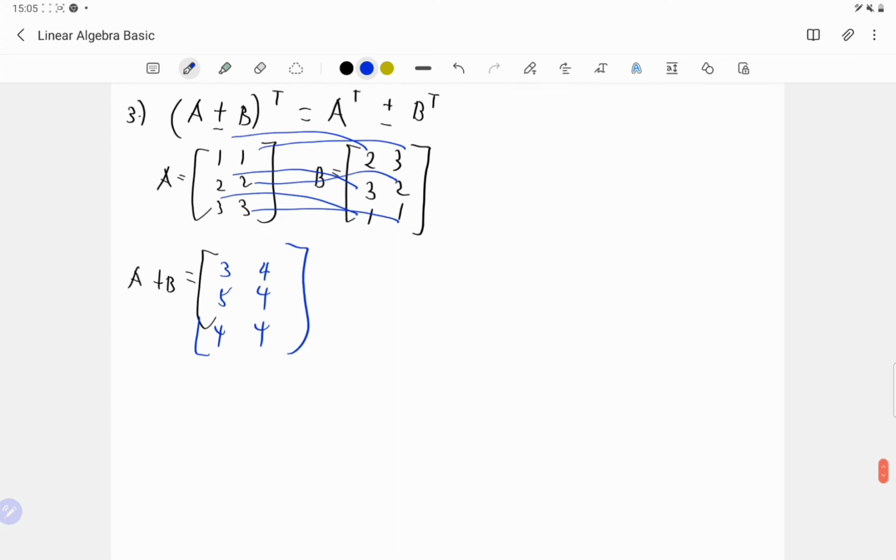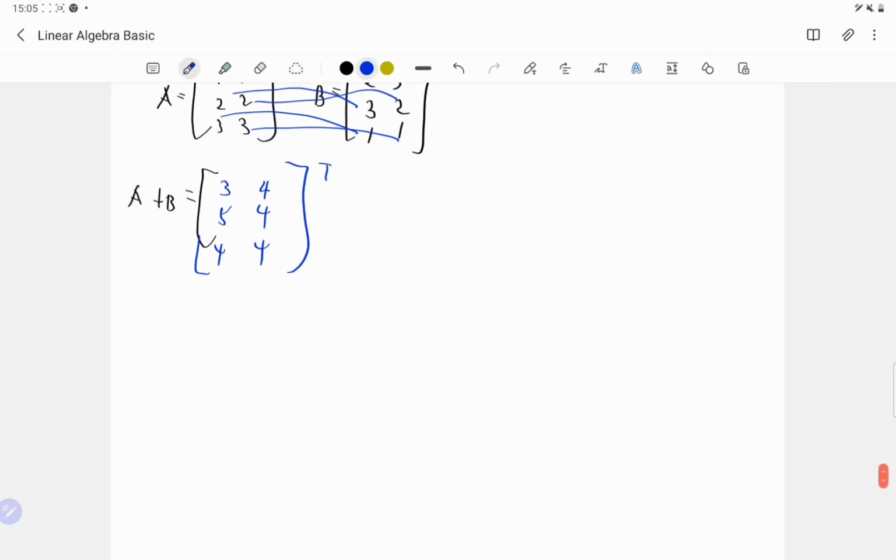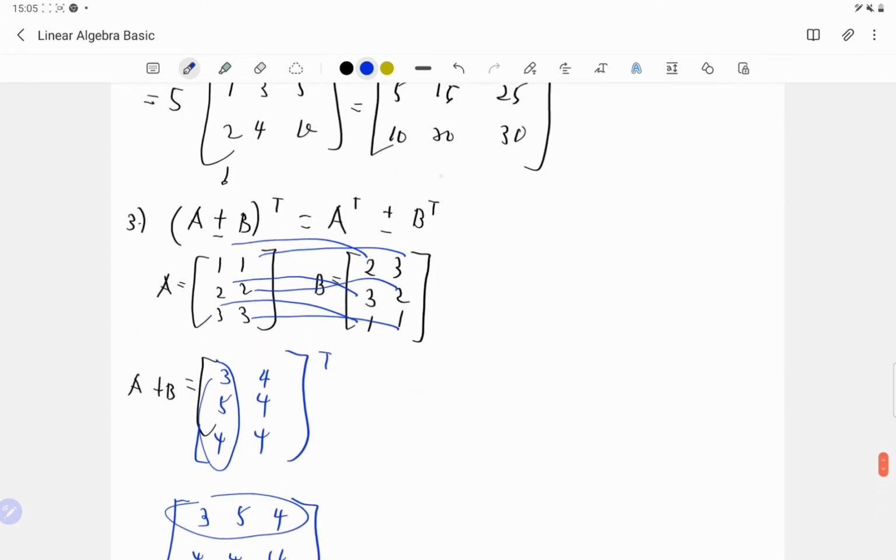Now let's do the transpose for this. The transpose for that is 3, 5, 4, 4, 4, 4. Okay, right. Let's do the second equation.